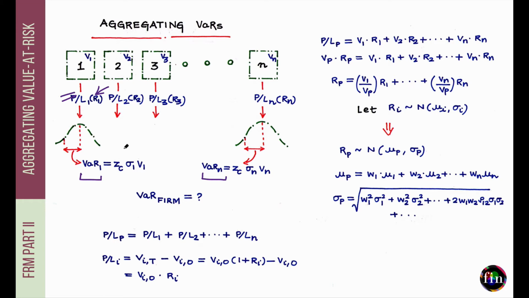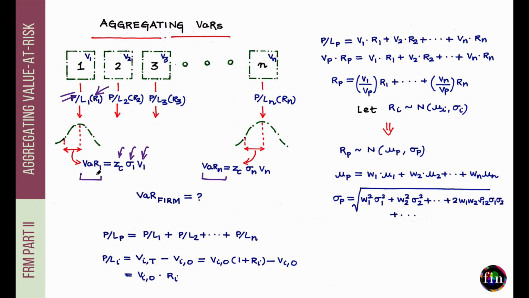Specifically, it's the Z corresponding to the chosen confidence level, times the volatility of returns, times the current valuation of these businesses. Now, that's where we stand.